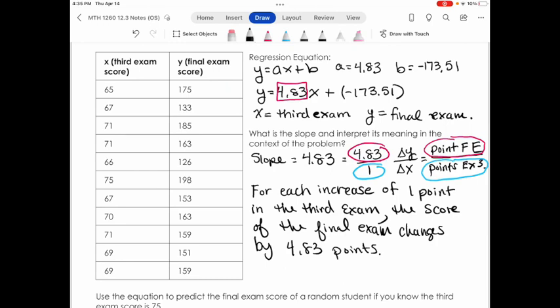Now, if this was negative, when one increases, the other one will decrease. But because this is positive, they're both going to increase together.